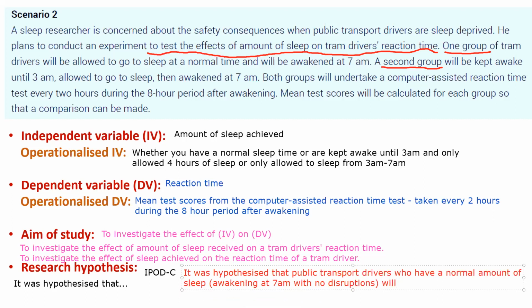Will have increased reaction time. So not increased, reaction time would be, your reaction time would have to decrease, because the less your reaction time is, the better it is. Yeah, we'll have decreased reaction time as measured by mean test scores.